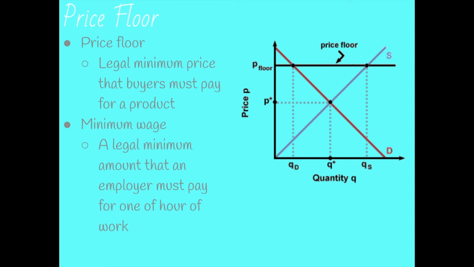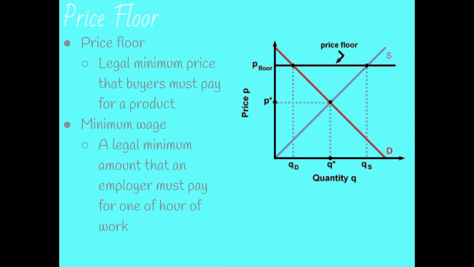Price floor is what we also call a surplus, meaning that equilibrium is below it and the price is above it. A price floor is, for example, minimum wage, meaning that equilibrium quantity demanded, quantity supplied, and price would all say that wages should be much lower.